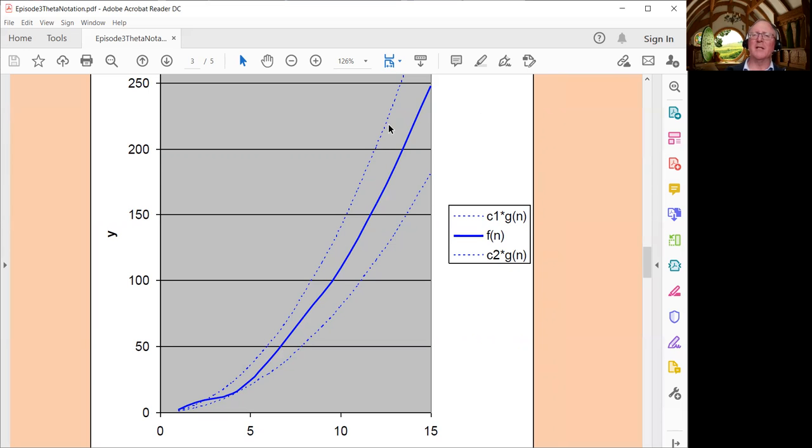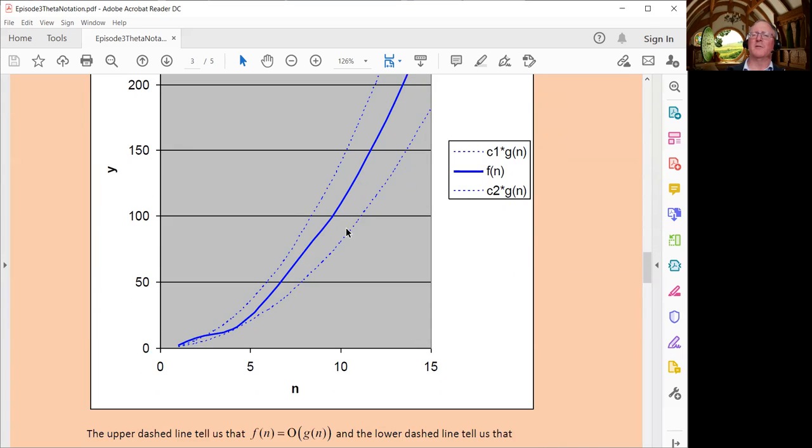So that's what we mean. This top curve, it's below that, so it's big O of g of n, and it's above this bottom curve, so it's big omega of g of n. And if we've got both of those, it's big theta of g of n.